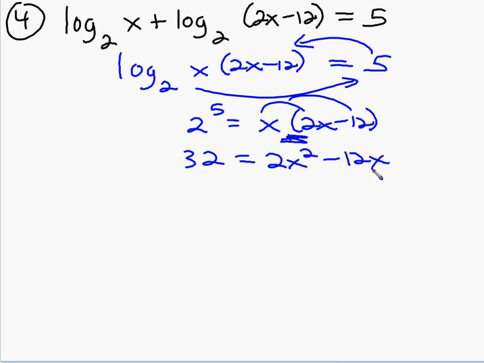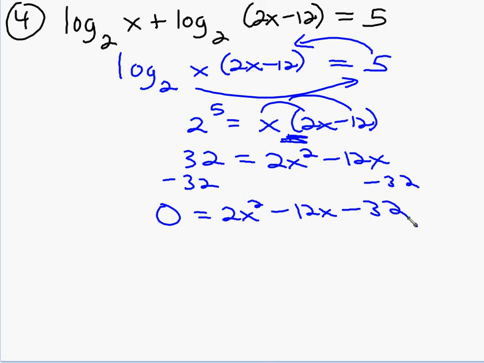We're going to have to treat this as a quadratic. All right? So subtract 32 from both sides, so I have it set equal to 0. 0 equals 2x squared minus 12x minus 32. Now if I was going to solve that problem, I would divide everything by 2 first. Make my life easier.